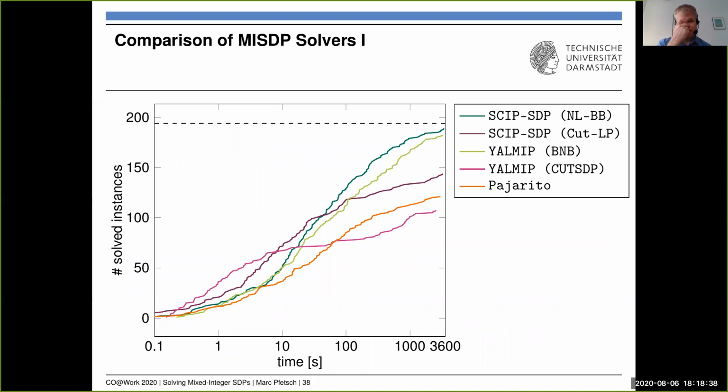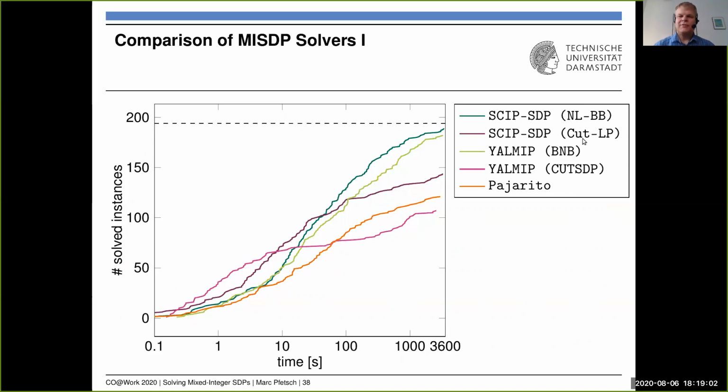Here are the results in the performance diagram. The y-axis is the number of instances that are solved, and here's the time within a 1 hour time limit. And we see that SCIP-SDP with nonlinear branch and bound is the best. It solves the most instances, but in the beginning, it's a bit slower than other versions.